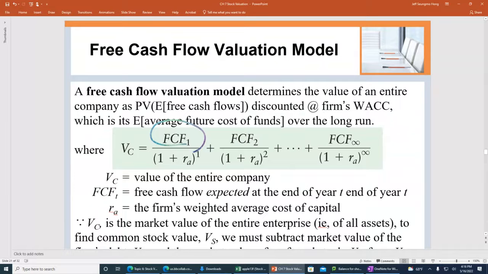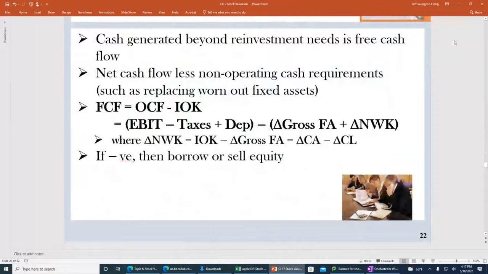No, actually, free cash flow is really, really strictly defined, right? It's not libertines, not unprincipled. So what is free cash flow?